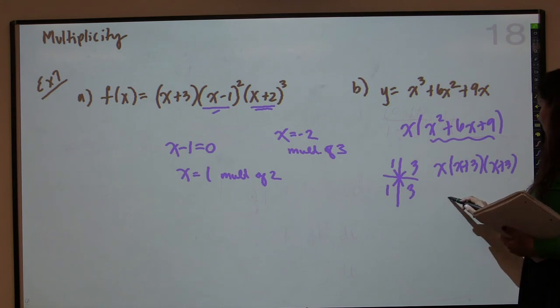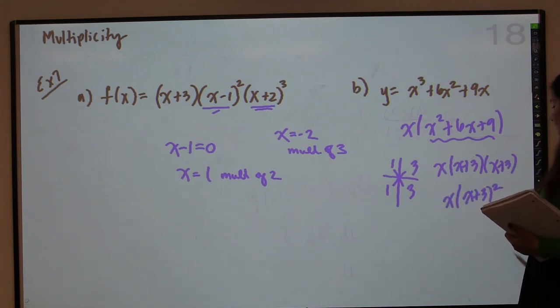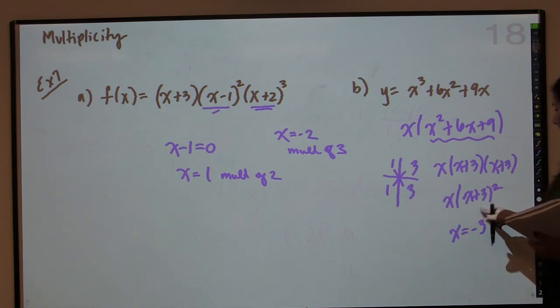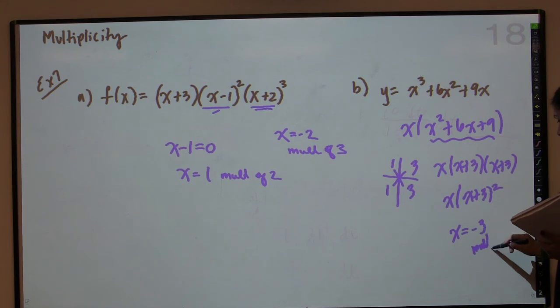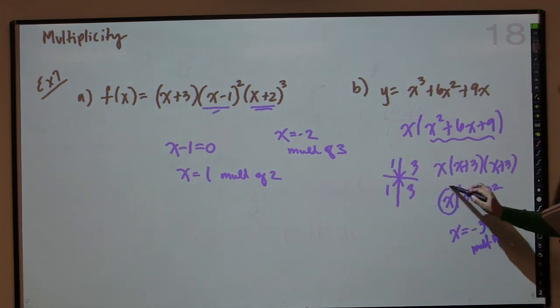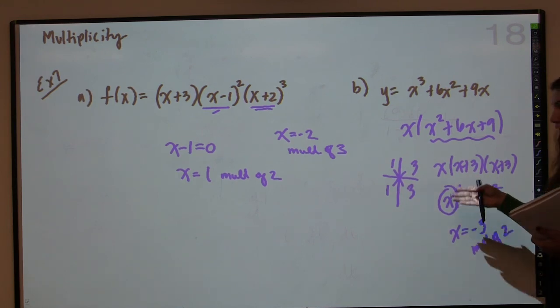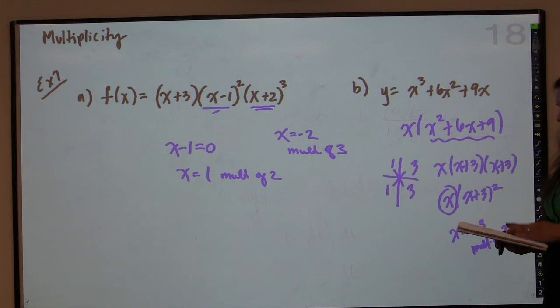We can write that as x plus 3 squared. So that means that our multiplicity is going to be x equals negative 3, that's our 0, and it has a multiplicity of 2. This is x equals 0, but again it has no multiplicity because it's not squared or cubed or anything. All right, so that takes care of multiplicity.